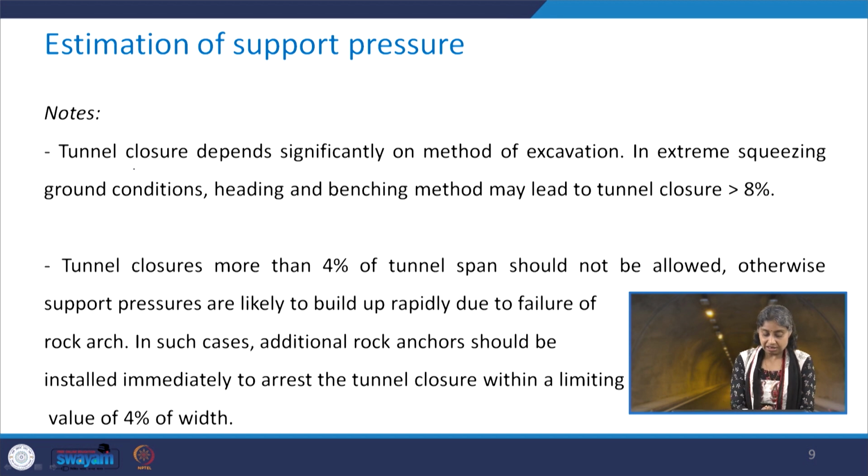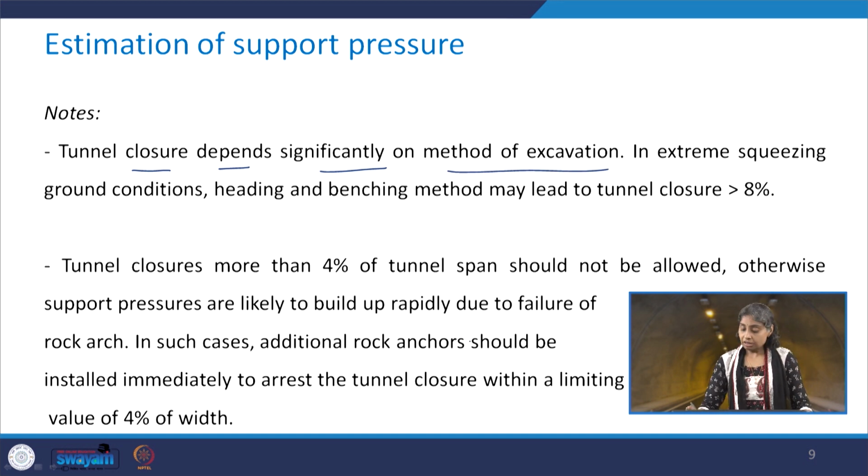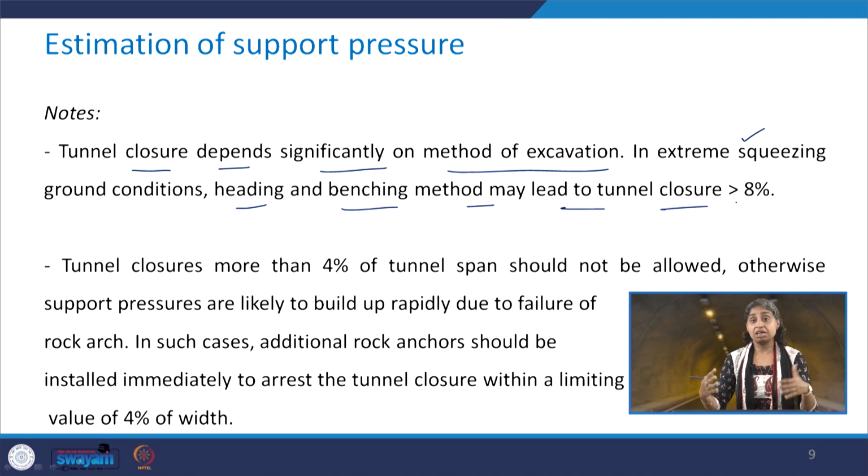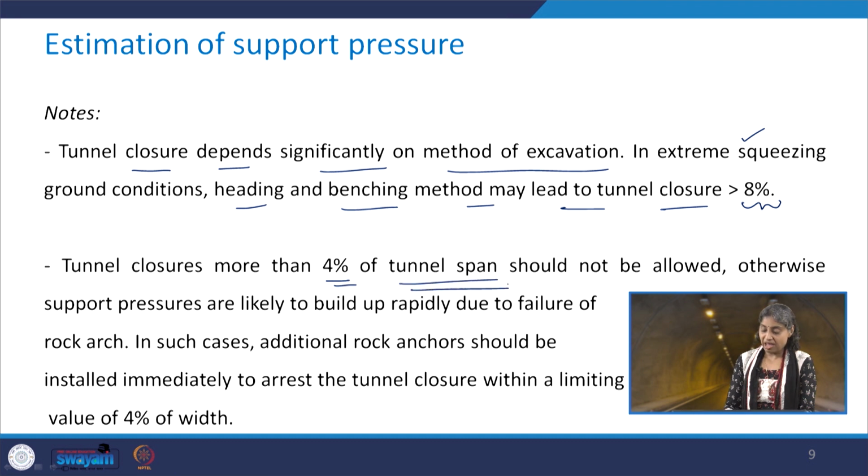In this case, the tunnel closure depends significantly on the method of excavation. In case of the extreme squeezing ground condition, the heading and benching method may lead to tunnel closure even larger than 8%. Tunnel closures of more than 4% of the tunnel span should not be allowed.